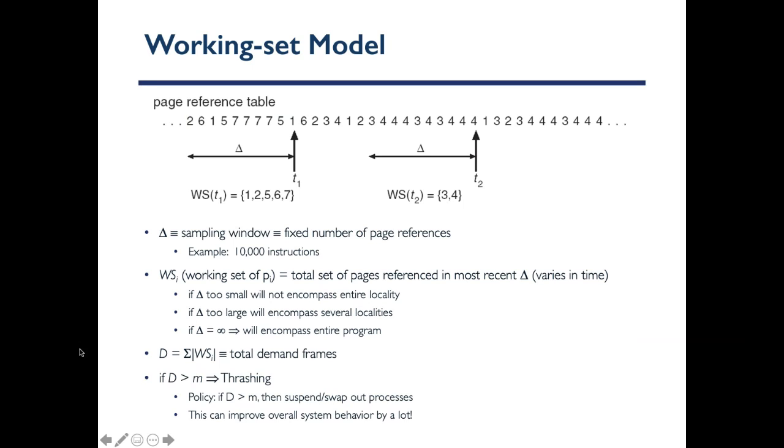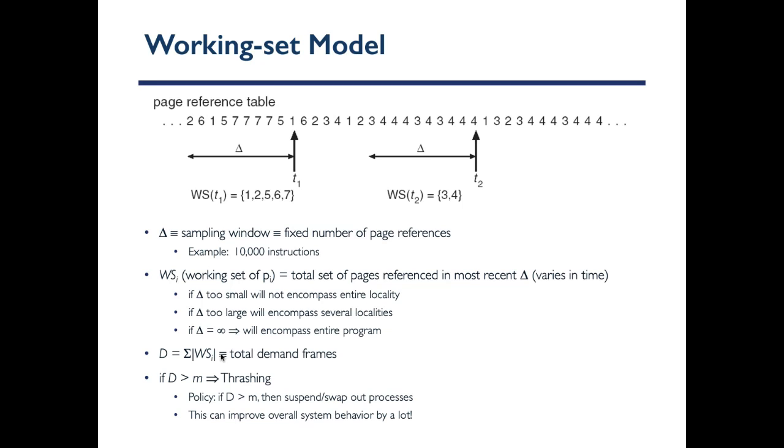And what you can see is, if D is the size of your working set, then if your memory allocation is less than your working set size, then you start thrashing.